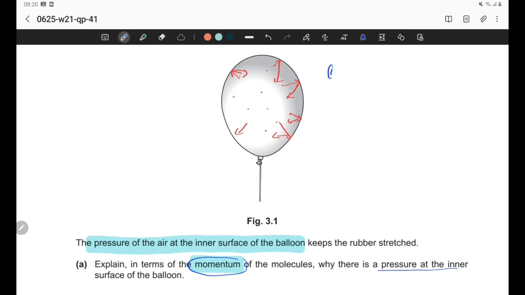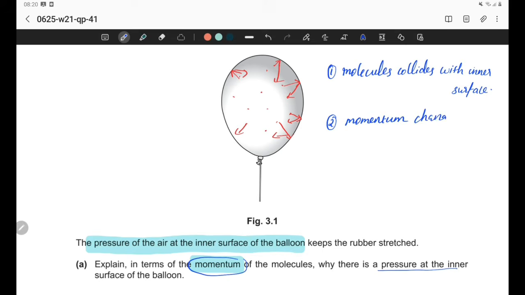So the first point we should write is the molecules collide with the inner surface, and the second point, because of this collision of molecules on the wall they bounce back. So this will cause a change in momentum. So the momentum of these molecules changes. That means there is a change in delta P.